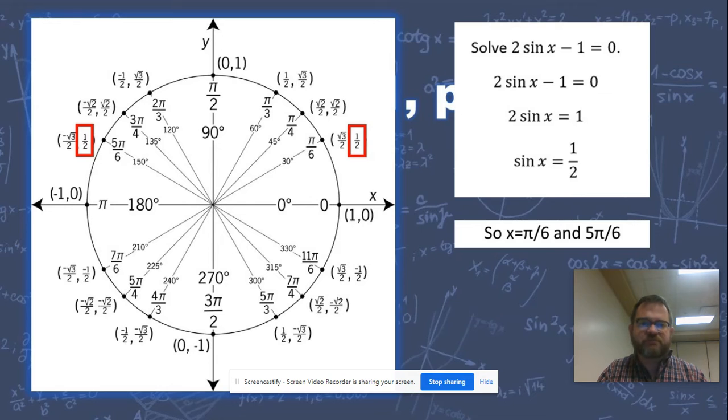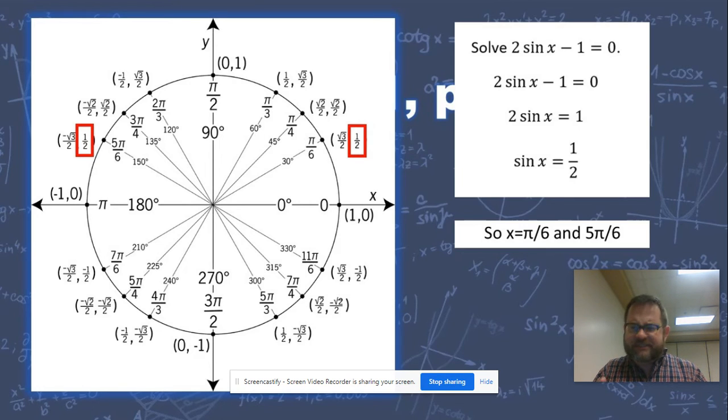And I see that there are two such places on here. It looks to me like x is equal to either pi over 6 or 5 pi over 6. Both of those places would work just fine on this equation. If you plugged in x equals pi over 6, the equation would work. If you plugged in x equals 5 pi over 6, the equation would work.